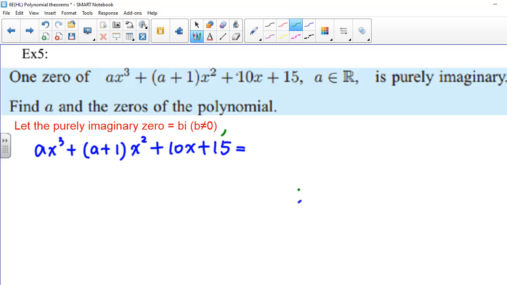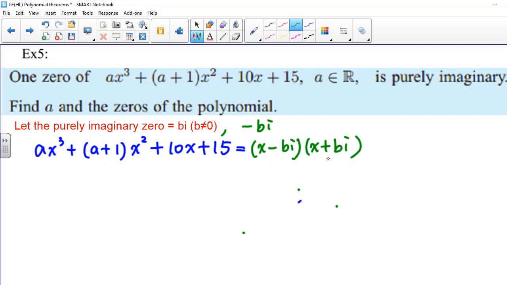Since this cubic polynomial function has one zero bi, which is a complex zero, we can know this polynomial function must have its conjugate as another zero, based on the fundamental theorem of algebra. Therefore, this original cubic polynomial function can be written in the form of x minus bi times x plus bi.